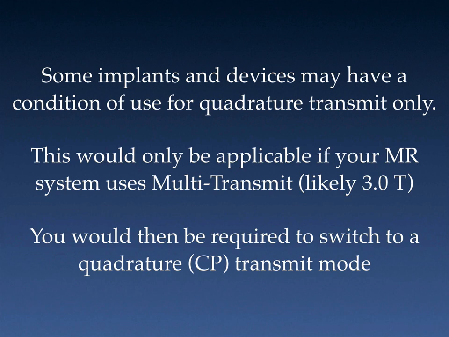And this is most likely because the way the device was tested was using a quadrature mode, not multi-transmit. If this is the case, then should you be imaging one of these implants or devices, you would be required to switch to a quadrature or CP transmit mode.